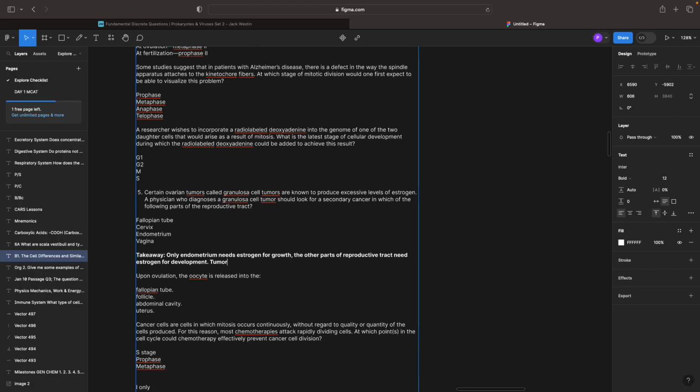Tumor, cell growth, and we have the endometrial lining. Estrogen.